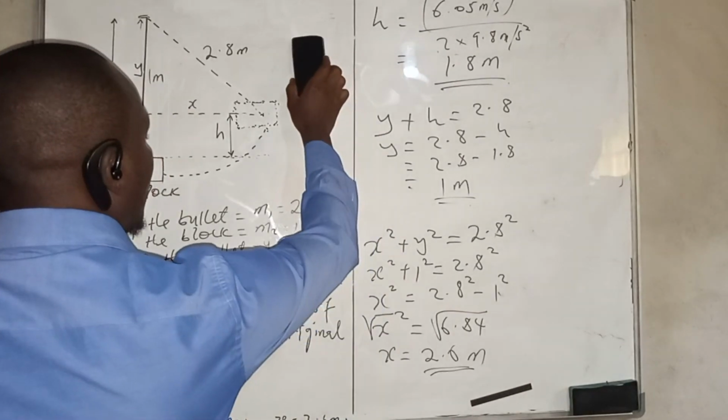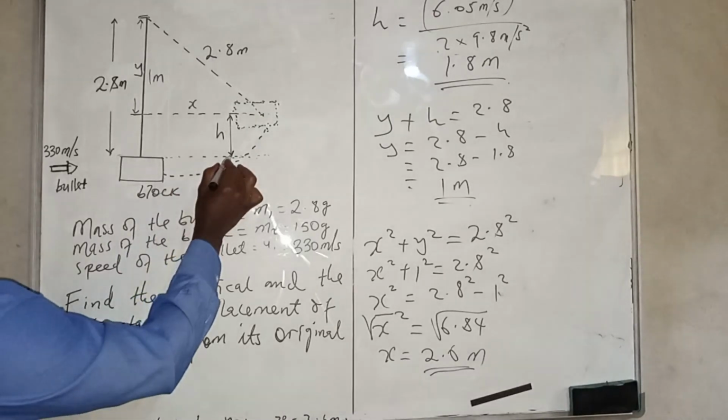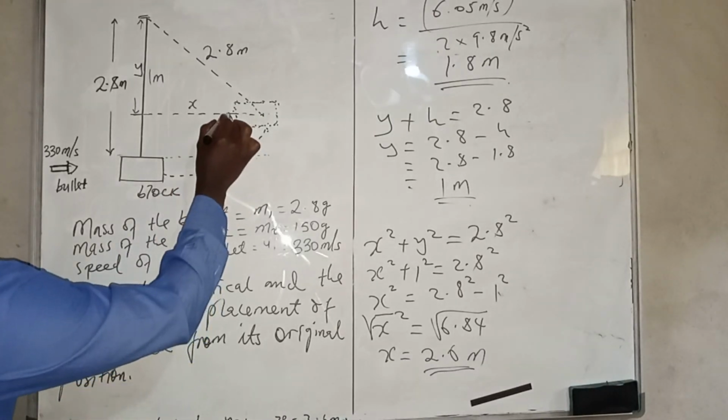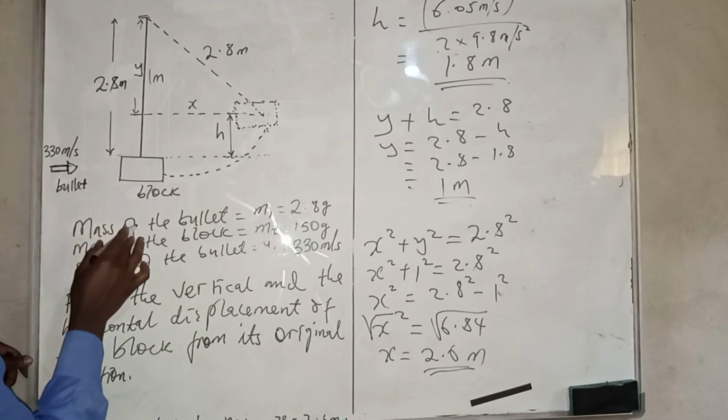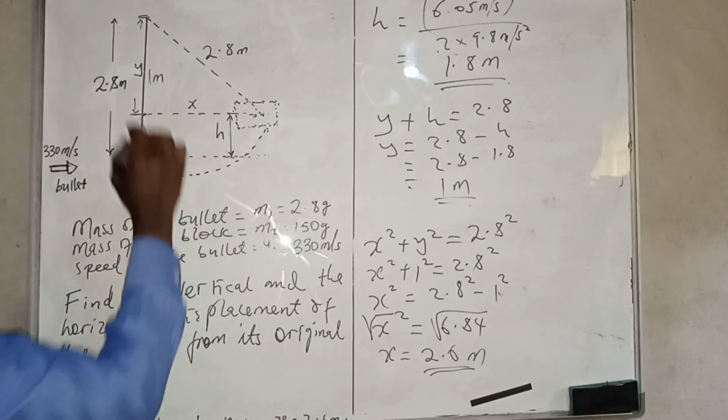Now, we know that the vertical displacement is from this point to this point, and the horizontal displacement is from this point to this point.